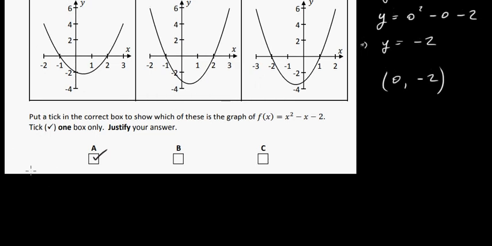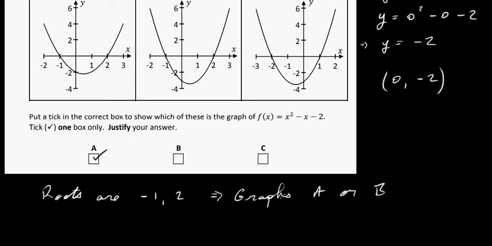We can say something like the roots are minus 1 and 2, so that implies graphs A or B. And then f of x cuts the y-axis at 0, minus 2.